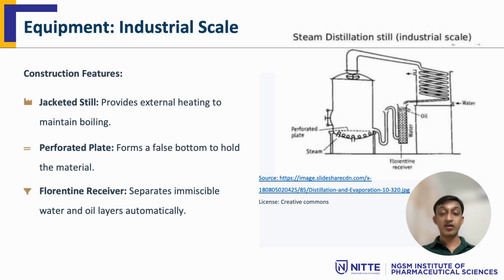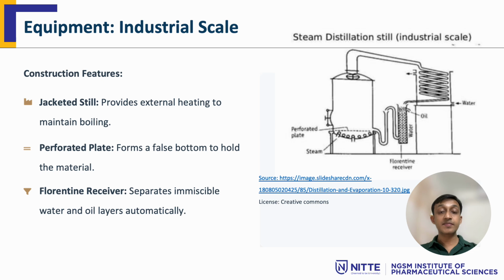Inside the still, we often have a perforated plate or a false bottom. This plays a very important role. It supports the plant material or feed. It allows the steam to pass uniformly through the material. It prevents direct contact of the material with the bottom surface, avoiding localized overheating.